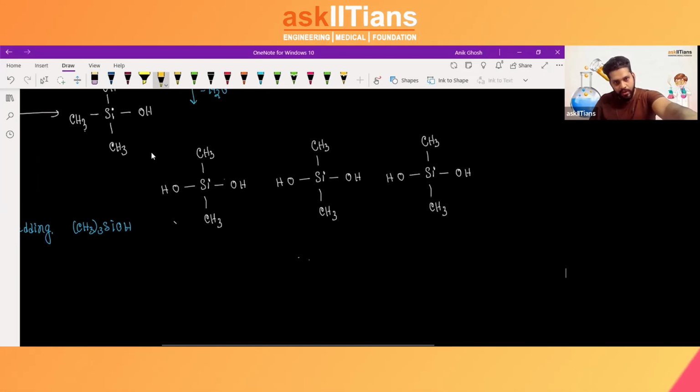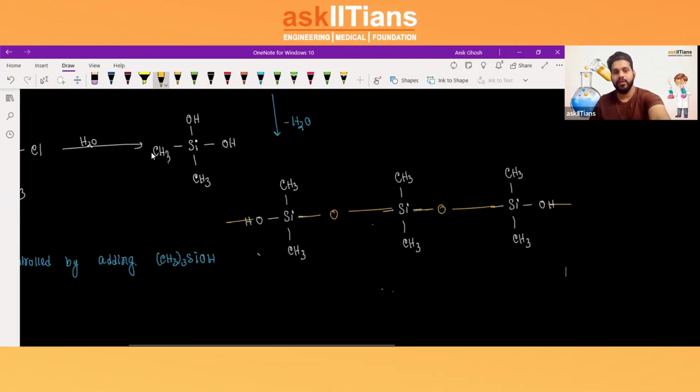You take out the water like this. If you take out the water, then the cluster would look just like the glycosidic linkage, guys, an ether linkage. This now. So it just keeps on continuing on both sides. So here also, here also. That is how you get the polymeric structure of silicon.